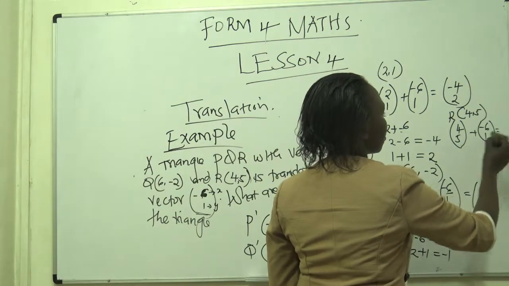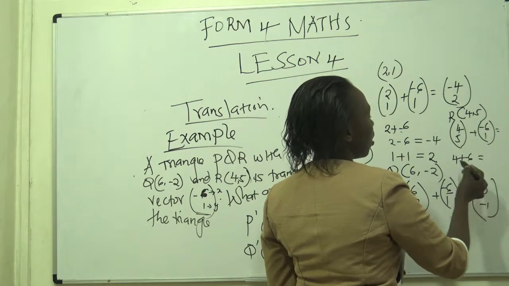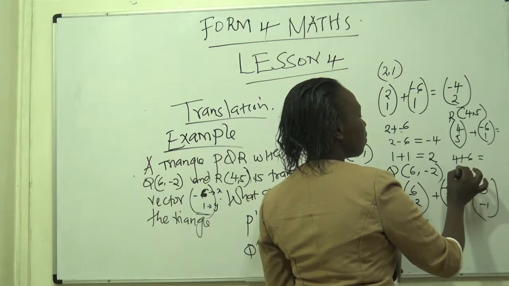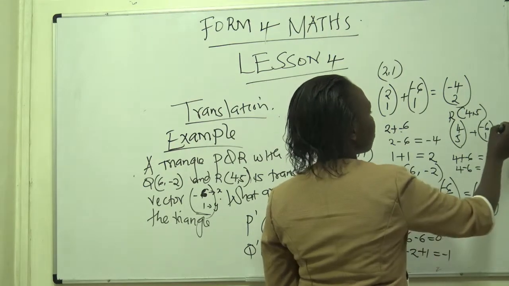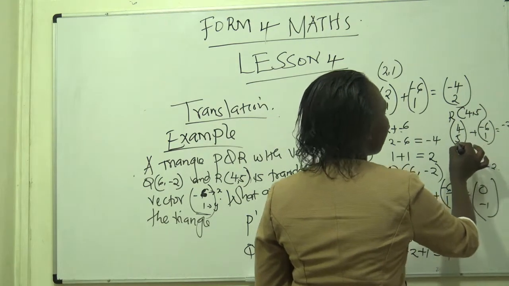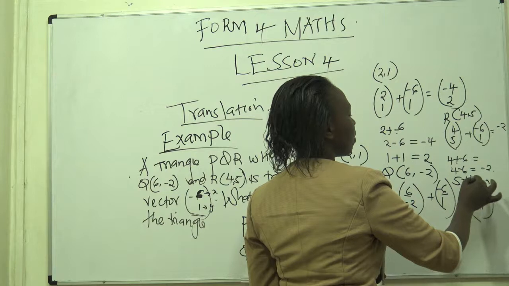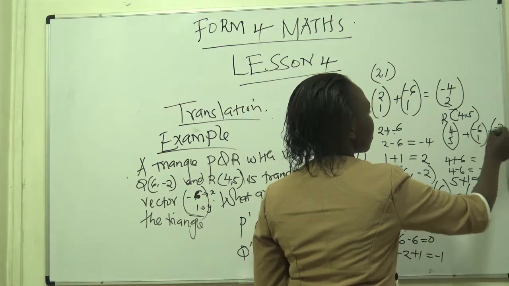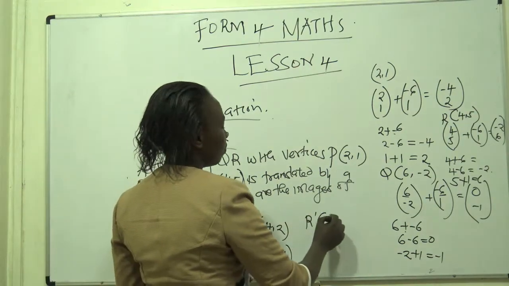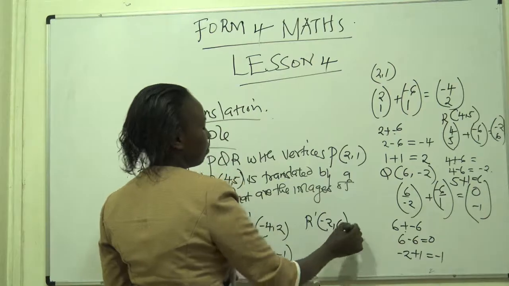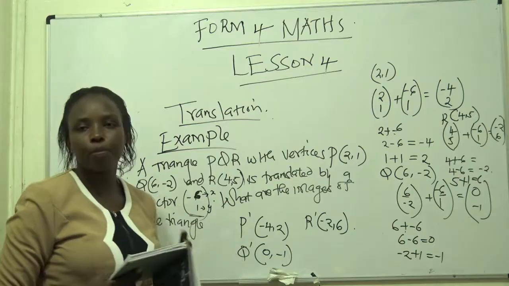You have 4 plus negative 6, which equals, remember, positive and negative gives us negative, negative 2. Then we come to the y values. 5 plus 1, which equals 6. And that implies that our R prime is negative 2, 6. So this is the solution to our problem.